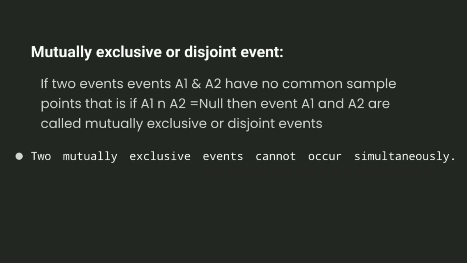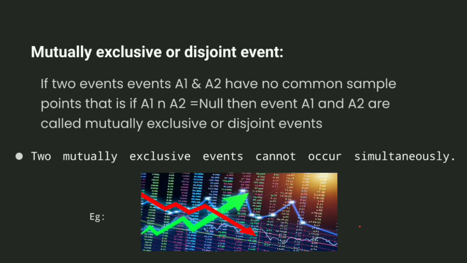Okay, things are getting confusing here. Let me take an example to make it simpler. Same stock example, but this time it is not going to be that complicated. In a given time, a stock price can either go up or go down. Is there any way that at a given point of time, the stock price can go both up and down?